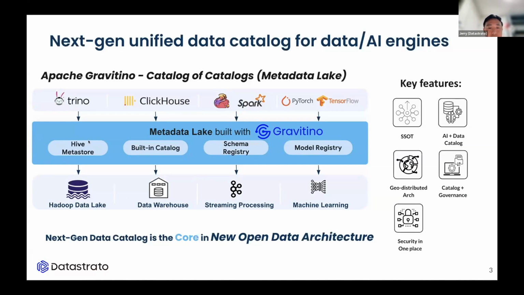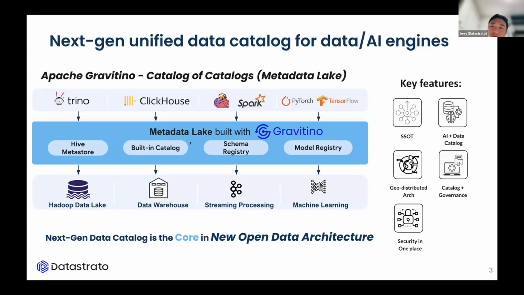Gravitino unifies all the data together and defines it in a unified way for users and app-level applications, who can fetch and access the metadata in a unified way. In this way, we unify the data from the metadata aspect, so we call it a metadata lake.